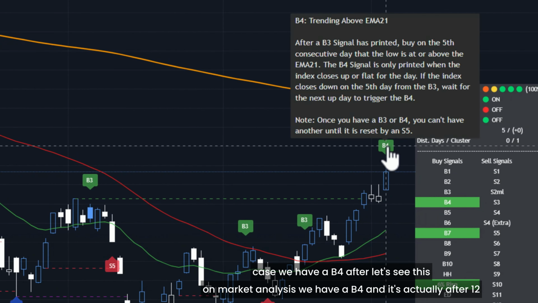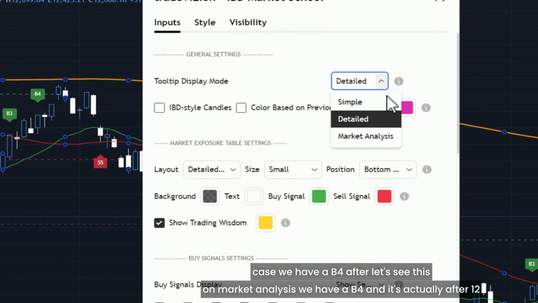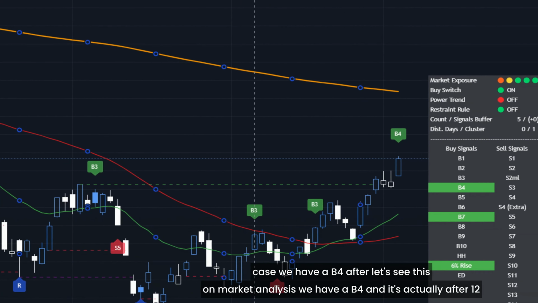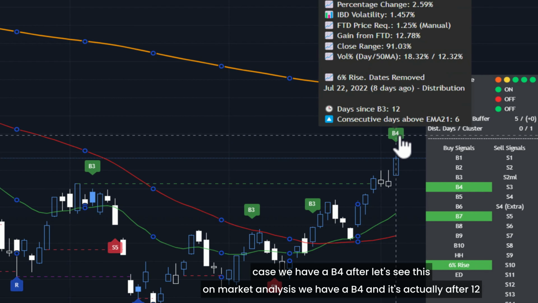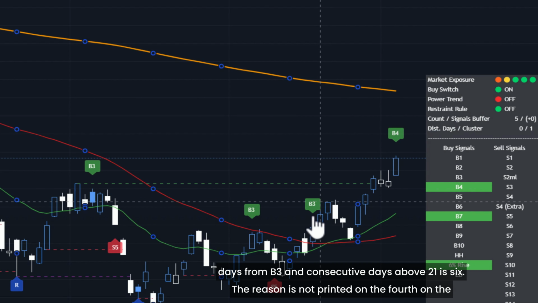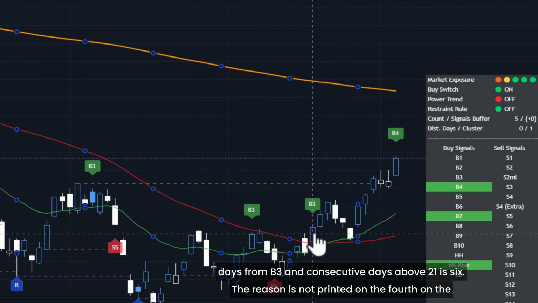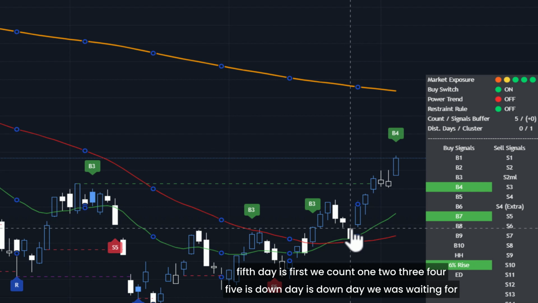But in this case, we have a B4 after, let's see this on market analysis. We have a B4, and it's actually after 12 days from B3, and consecutive days above 21 is 6. The reason it's not printed on the 5th day is, first we count 1, 2, 3, 4, 5, and it's a down day.